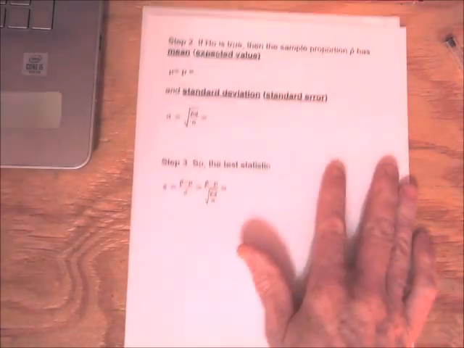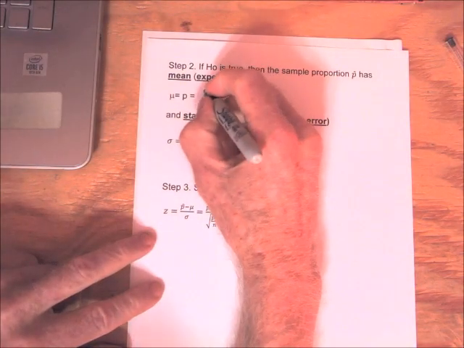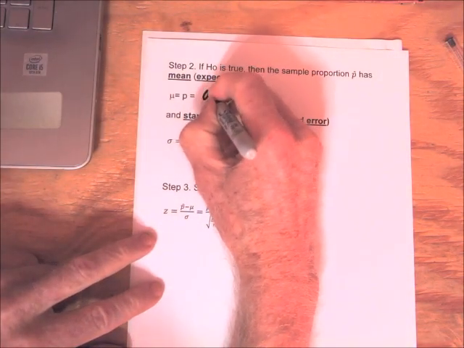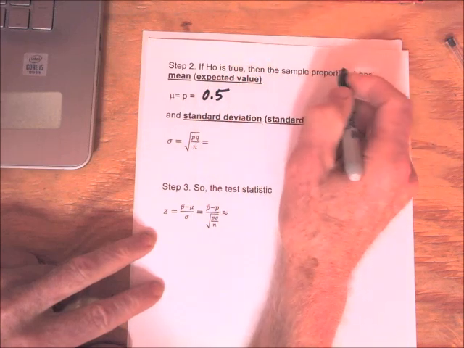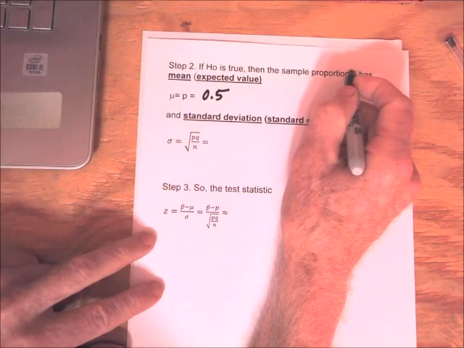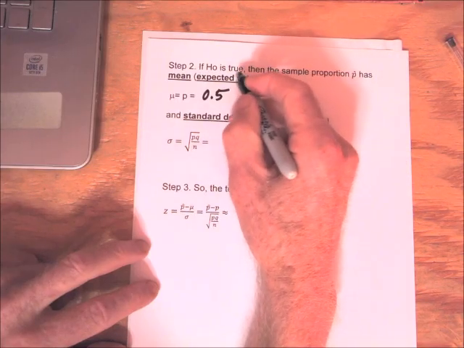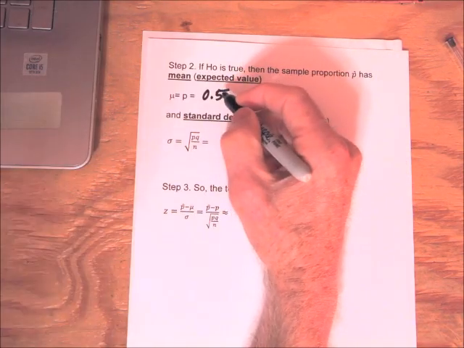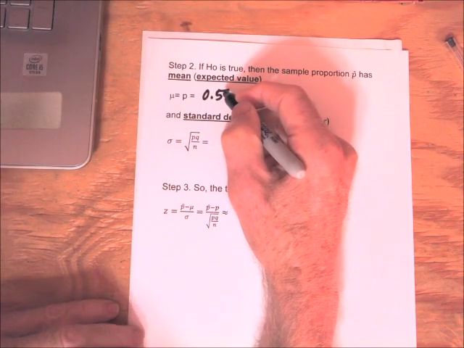If h naught is true, the sample proportion p hat has mean or expected value 0.5. That's the same as the null value. So in the long run, if we repeatedly take samples of size 80, and if h naught is true, then on the average they should agree with the population proportion, which is 0.5.